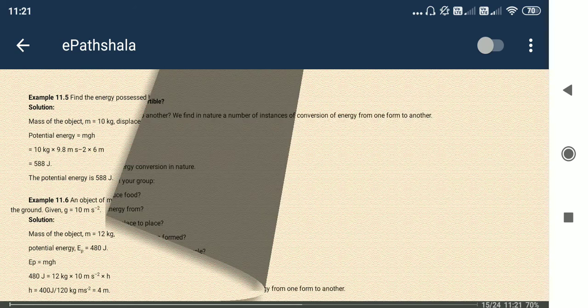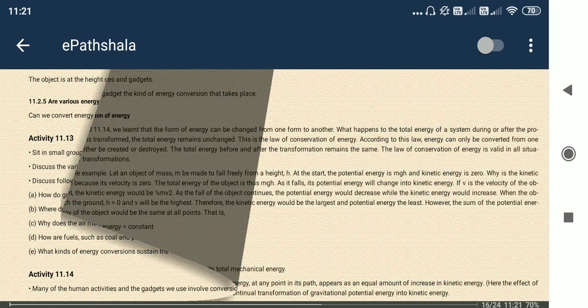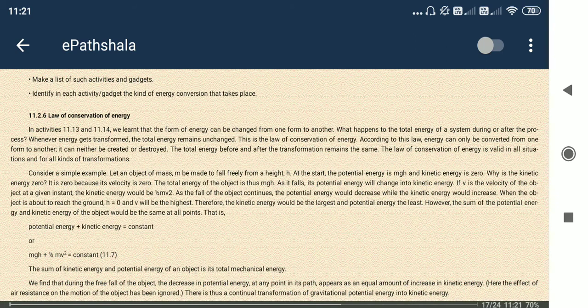Now see one thing: the law of conservation of energy. According to this law, the energy on the earth is constant. Not only the earth, in the whole universe the energy is constant. No energy is destroyed or created.